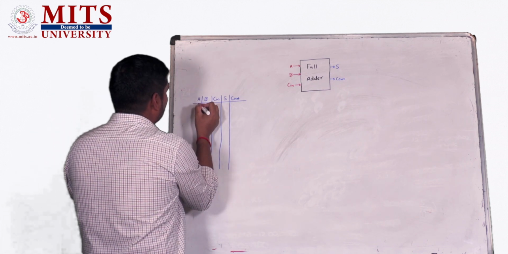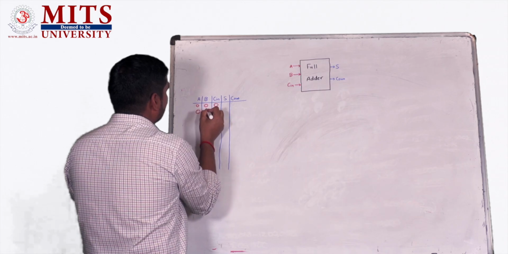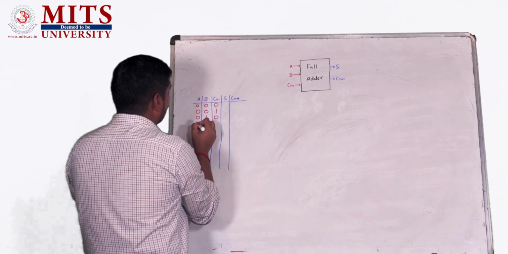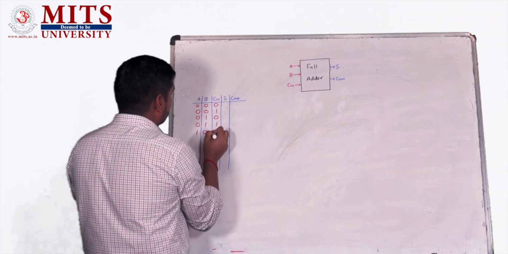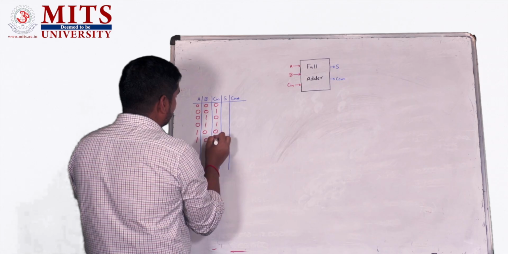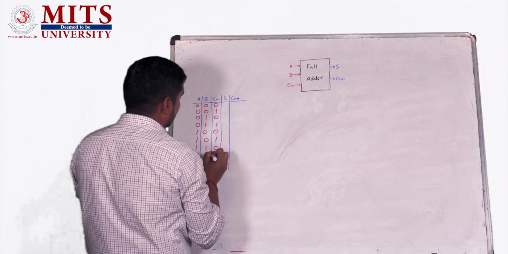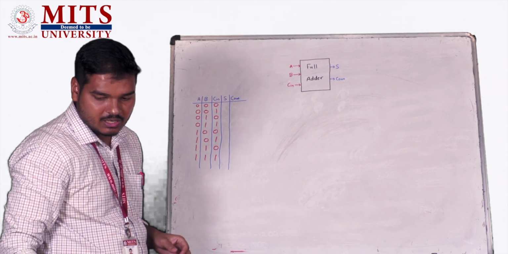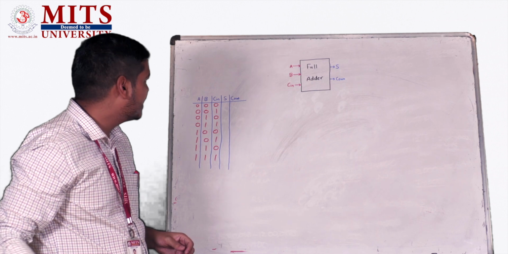One combination will be 0, 0, 0, another will be 0, 0, 1, another will be 0, 1, 0, another will be 0, 1, 1, another will be 1, 0, 0, another will be 1, 0, 1, 1, 1, 0, 1, 1, 1. So now we have written all the possible input combinations for this particular circuit.